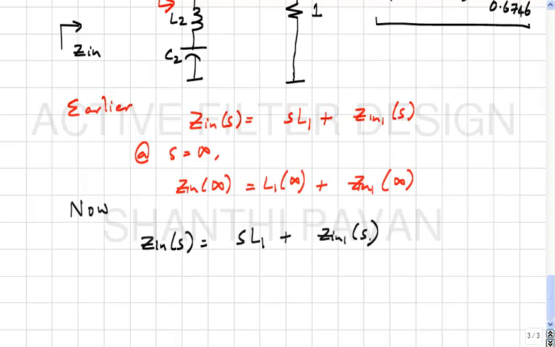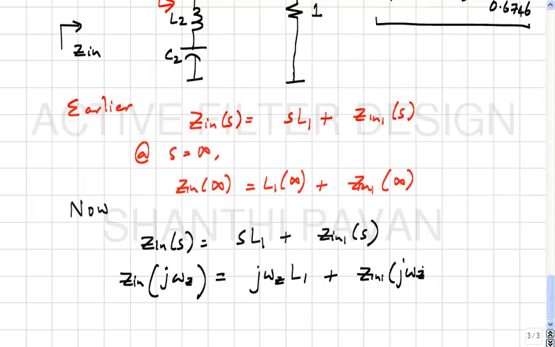Which means that Zn of plus J2 by root 3, or let me say in general J omega Z, must be equal to J omega Z times L1 plus Zn1 of J omega Z, correct?